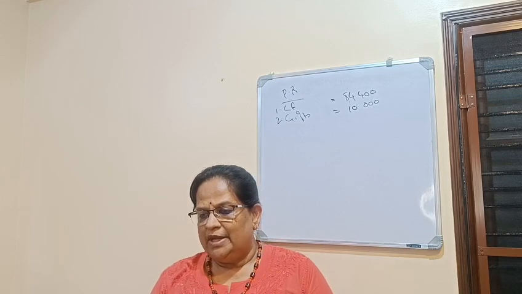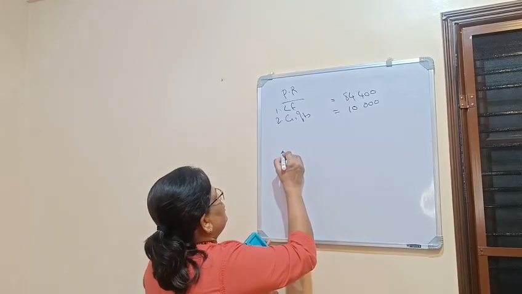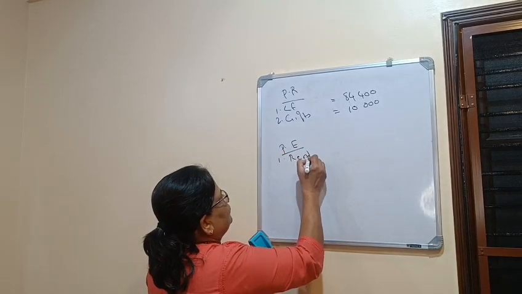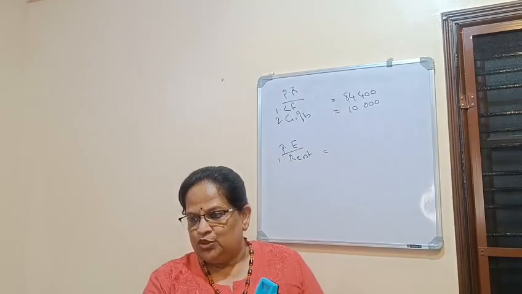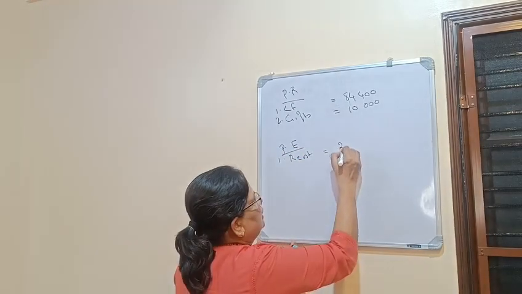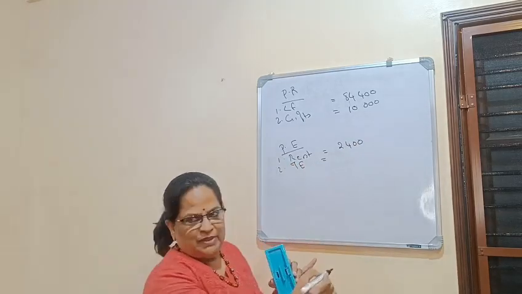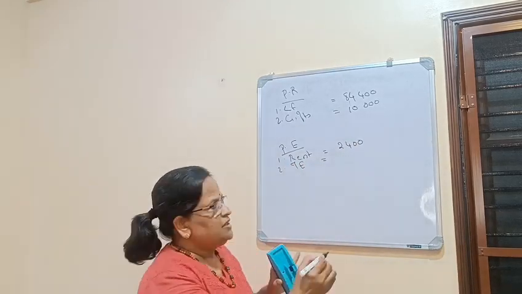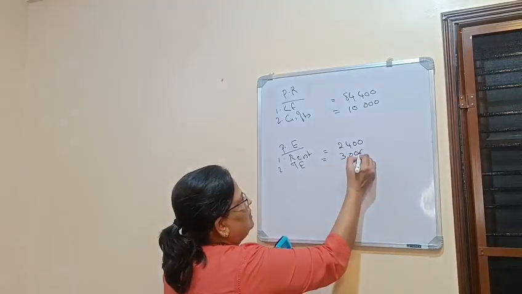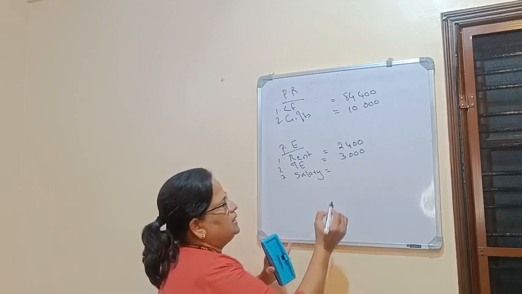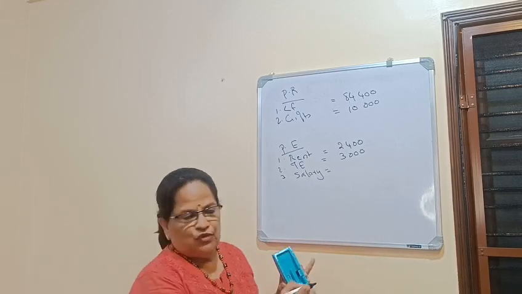Now we have to check the expenses. Professional expenses: first one is rent, value is 2,400. Telephone expenses, we have to see if there are any personal expenses, 3,000. Salary value is 2,400.